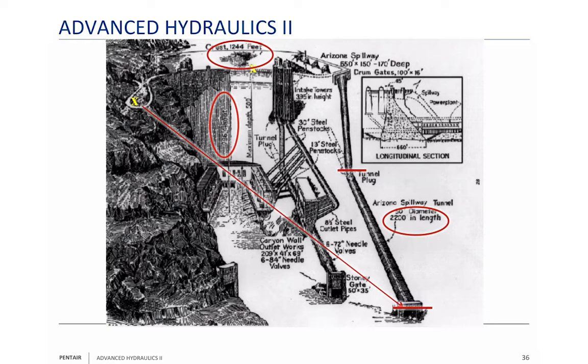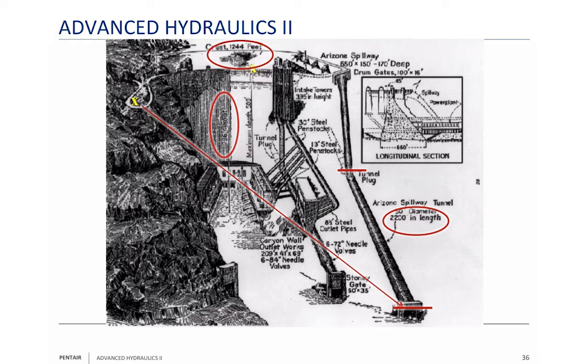So picture this. You are a photographer. You're taking pictures in 1941 of water coming out of that spillway. And all of a sudden, while you're taking your pictures, you notice something in your camera. You call one of the engineers over and you say to the engineer, where are all those rocks coming from? You know there's no rocks going into the spillway.